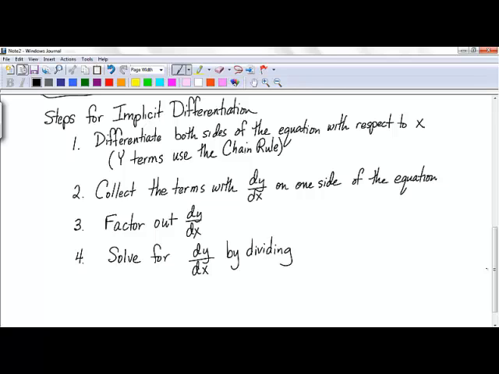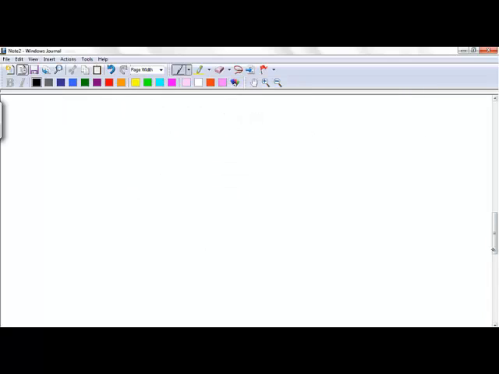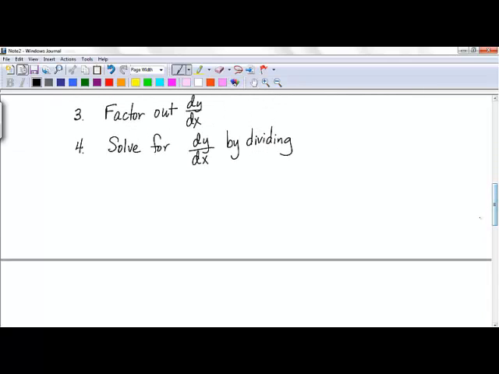Okay, now let's look at some examples. Okay, so let's say, first example, say they ask you to find the slope of the tangent line.